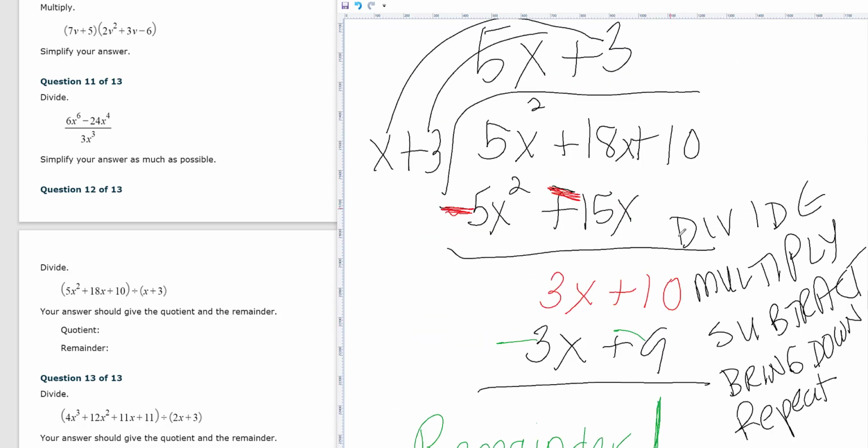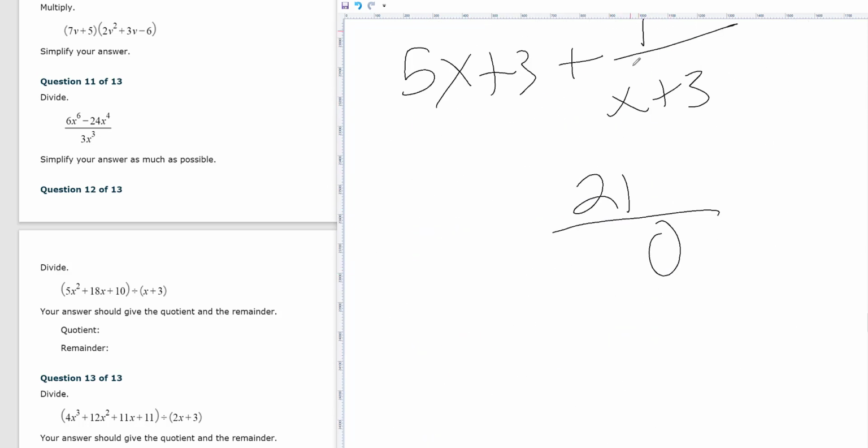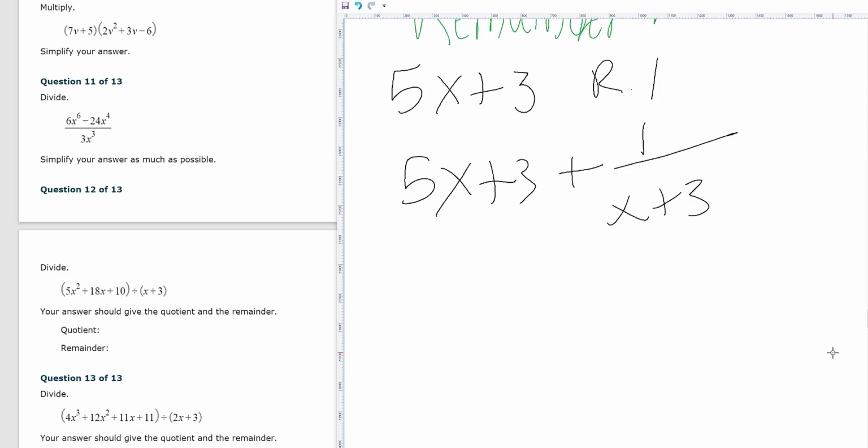So you write the remainder over the divisor, just like you would if it was a fraction and you were just doing numbers. So either one of these answers is acceptable, and you'll just have to follow the format that ALEKS gives you.